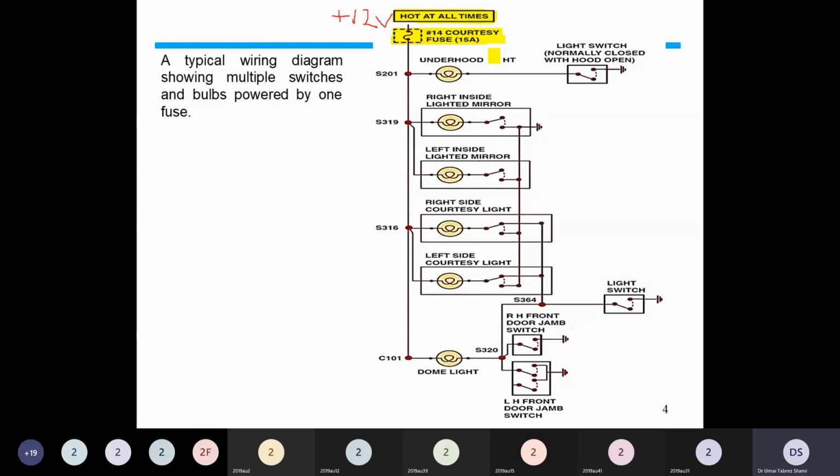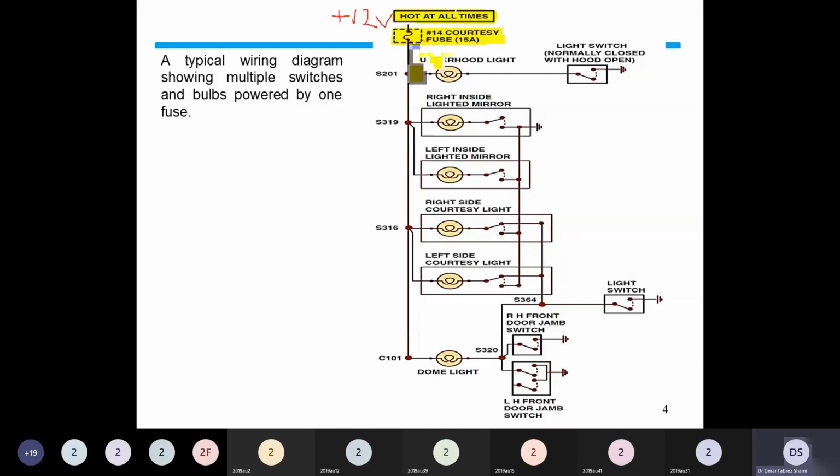So first of all, we have the battery, and then we have a fuse, and then there are various loads connected to the output of the fuse.